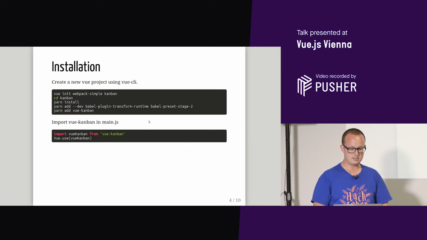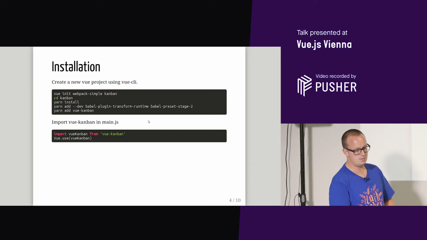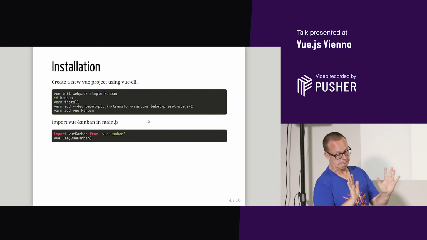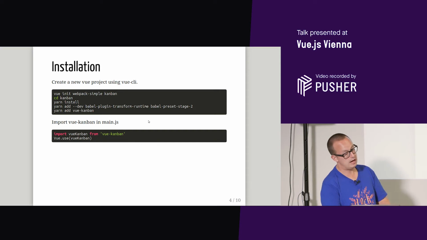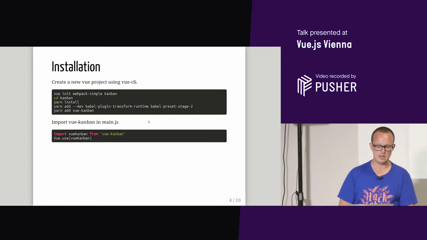Cool. Installation is as simple as following these steps. I think this should be complete so that you can just do all of this one after the other. I hope I'm not wrong, but for vue init, if you just install, I haven't added it there, you have to first do a yarn global install, so yarn global add, I think the command is, and vue CLI.